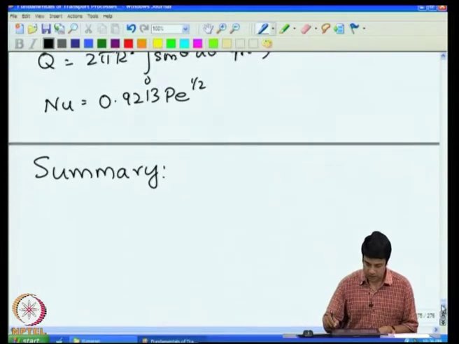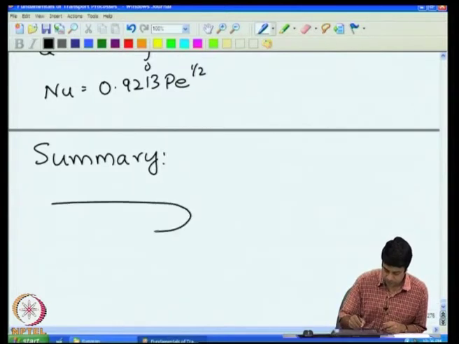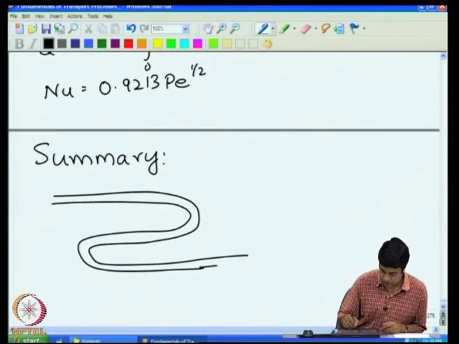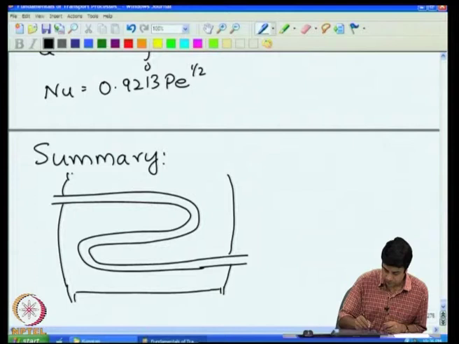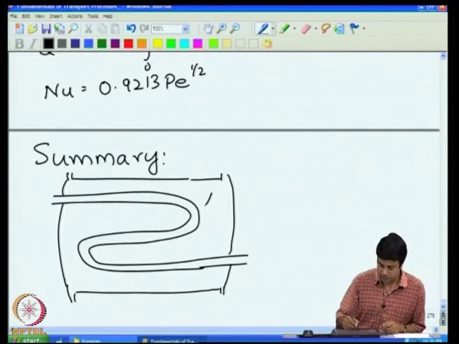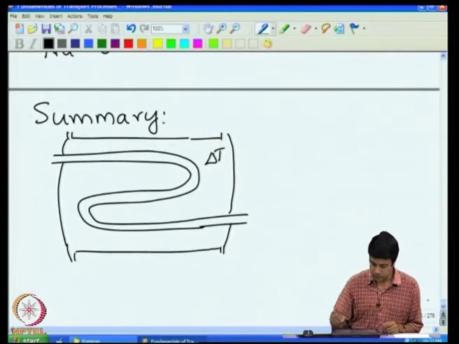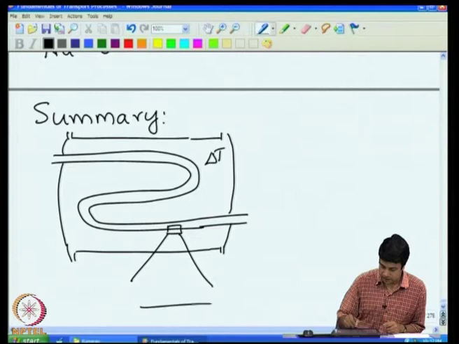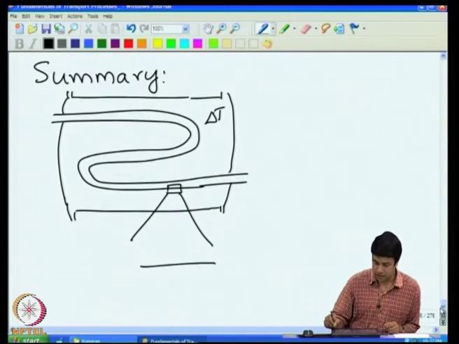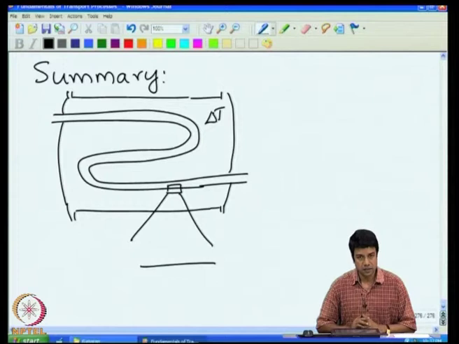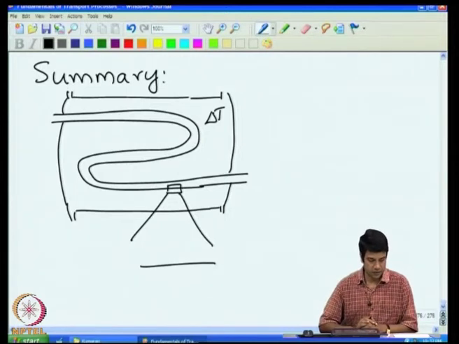So, rather than looking at the entire heat exchanger, with the shell side and a tube side with some average temperature difference between the two, what we wanted to do was to look in detail at the surface itself, and find out locally what is the heat flux due to the local difference in temperature between the two sides, and then use this local information in order to find out what is the total heat flux throughout the entire heat exchanger.